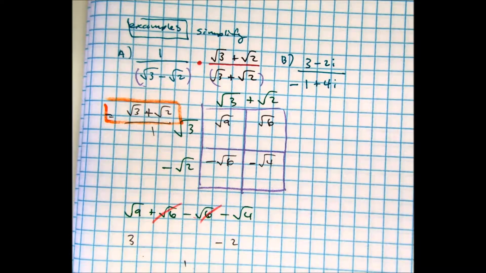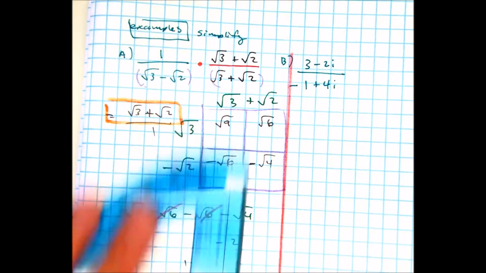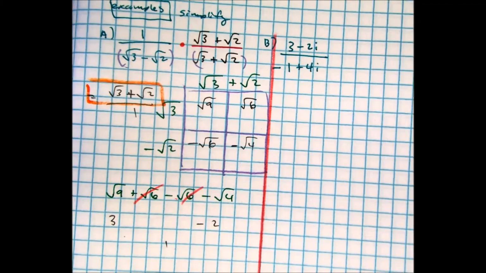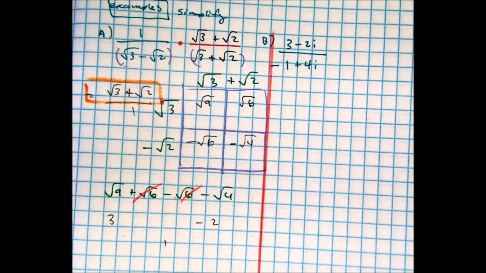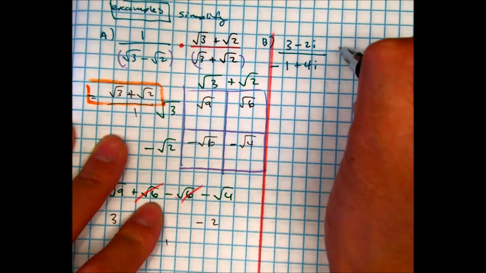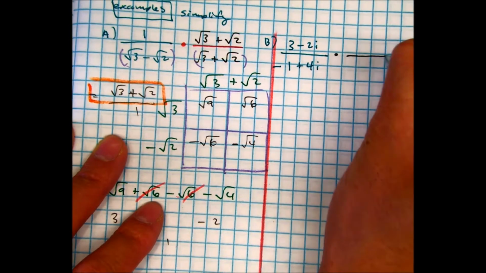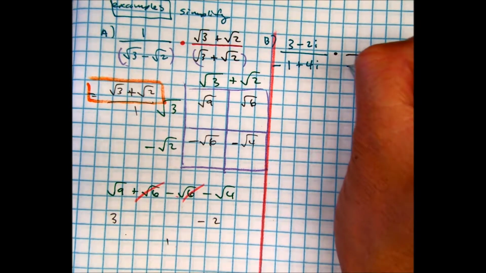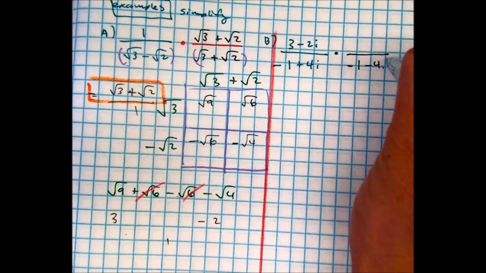Let's go ahead and try the other problem. Partner A tell partner B, what is our conjugate for that problem? Kimberly, what is our conjugate here? Correct.